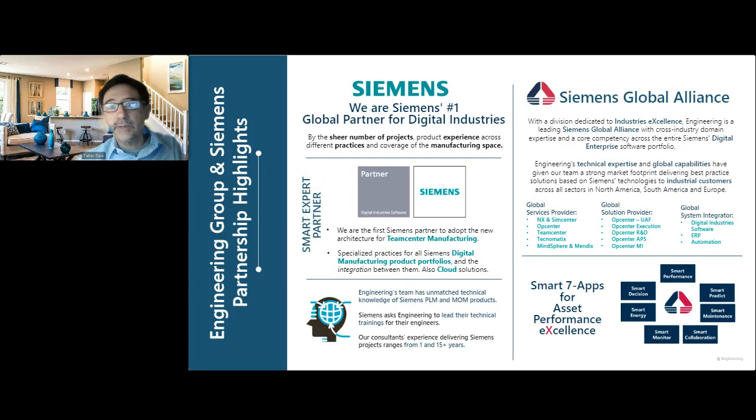With Siemens, we have a long-standing partnership, and we're covering all the offering of Industry 4.0. And what I introduced to you today is our solution based on Siemens technology for asset performance excellence.